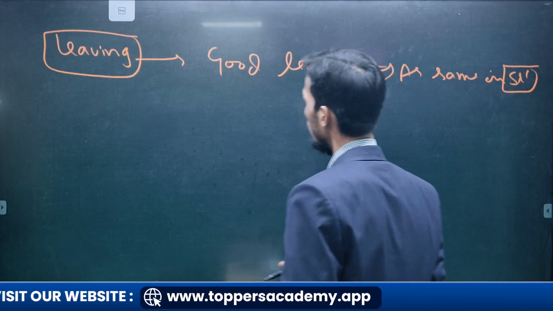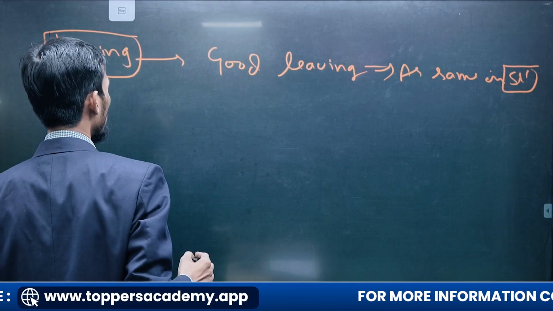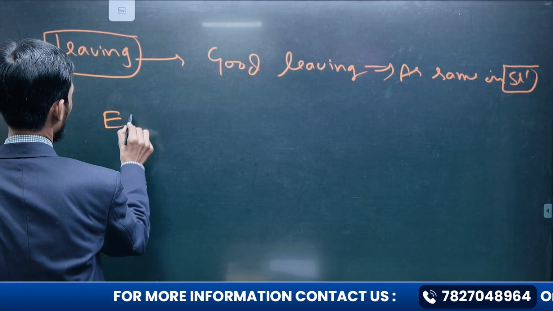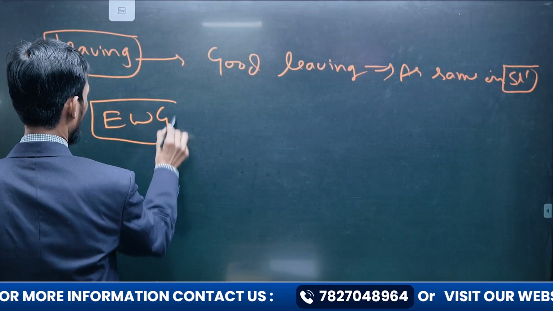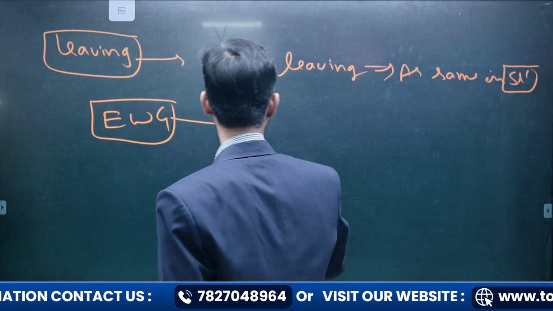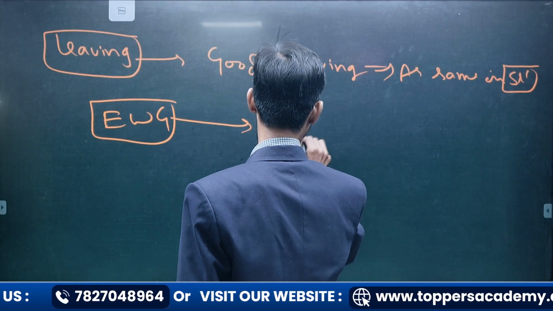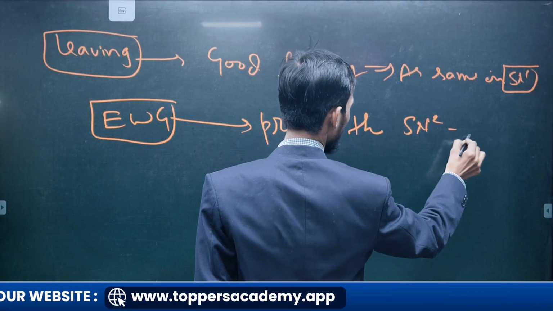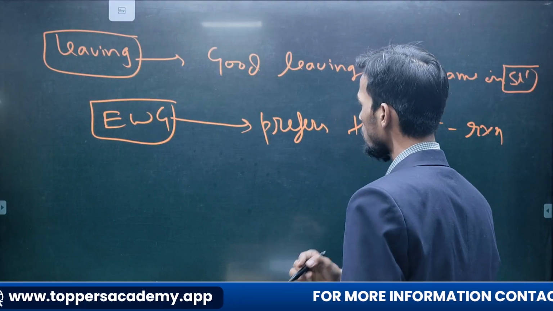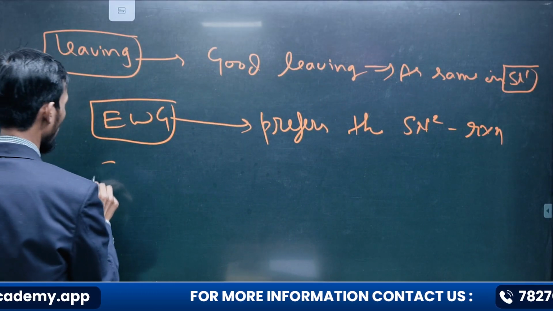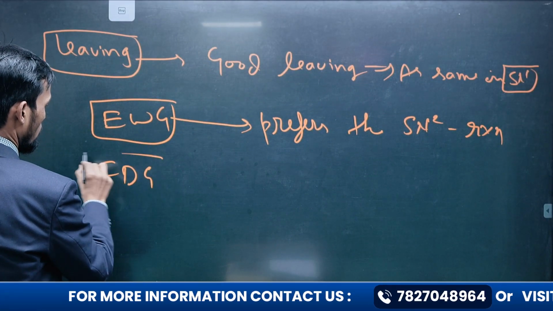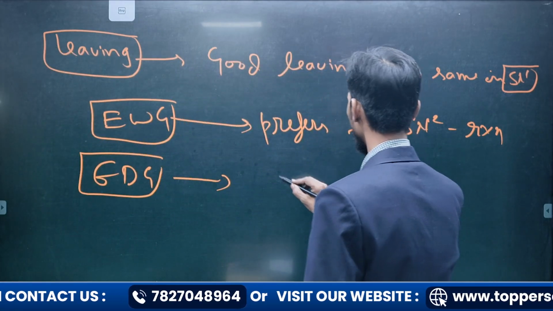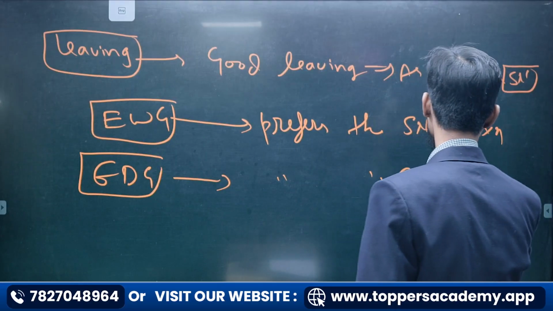If any electron withdrawing group is there, it prefers the SN2 reaction, whereas as we have seen, electron donating groups are preferred by the SN1 reaction.